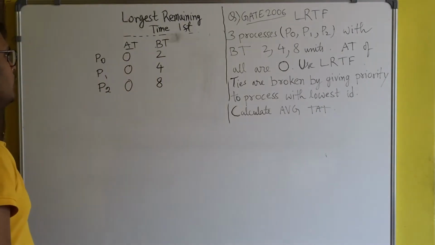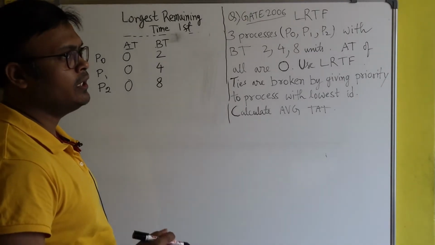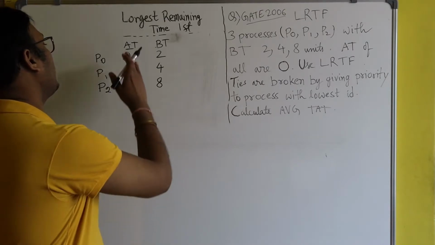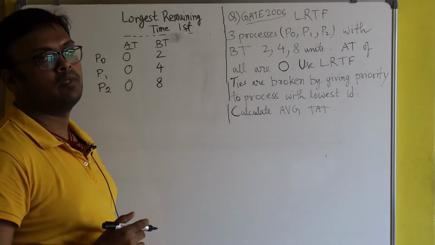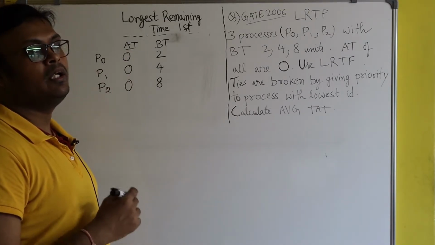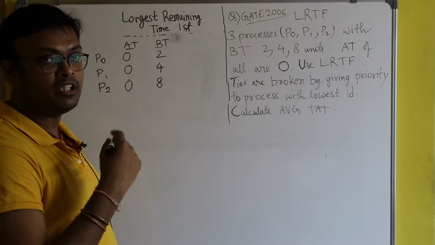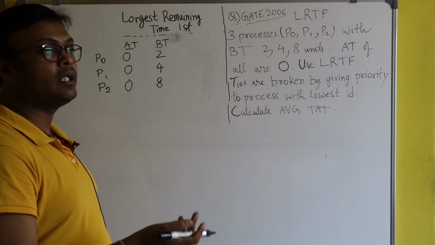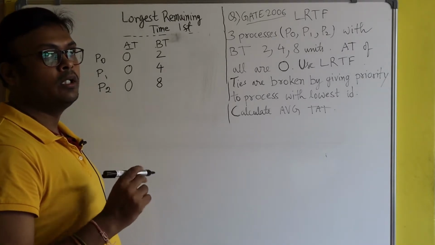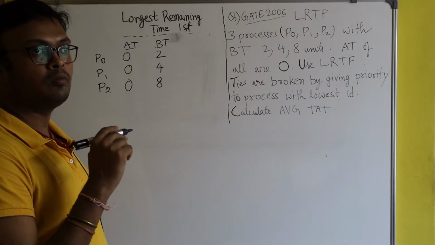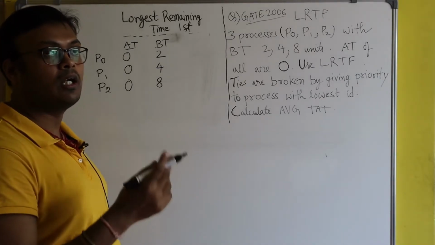Here priority is given on the basis of process ID because the arrival times are the same. If there had been different arrival times and the question had not mentioned how to break the tie, then you should give priority to the process which arrived early.